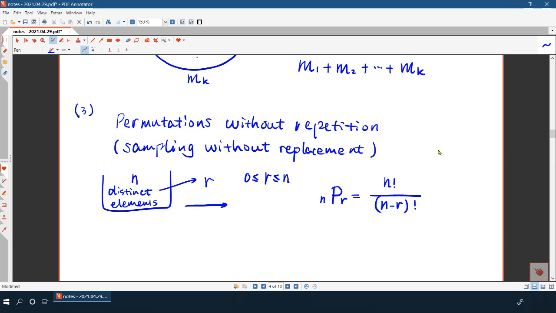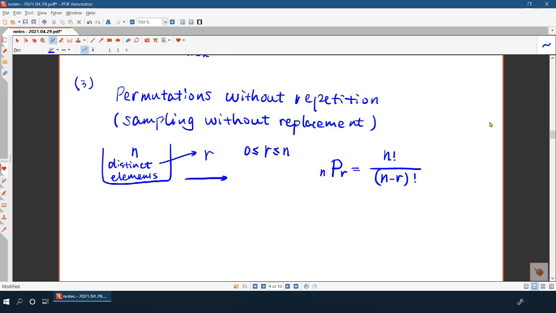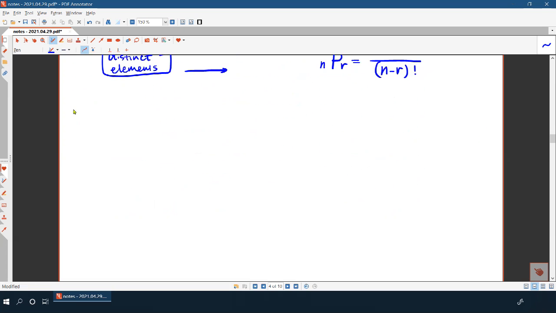Okay? Any questions? No? Okay, next is permutations with repetition. Sometimes we also call it sampling with replacement.